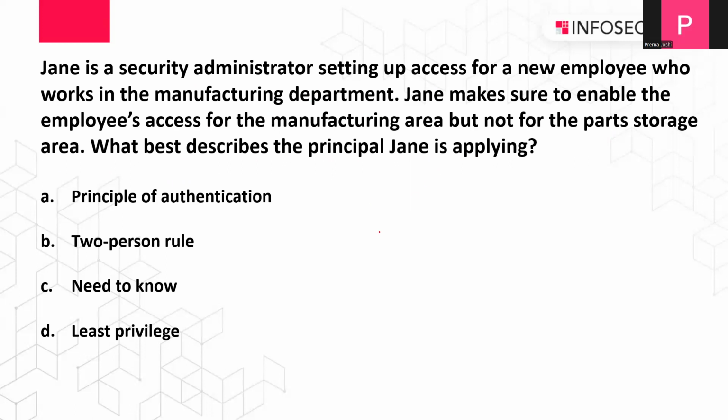Here we have these options. The first one is principle of authentication. Then we have the 2% rule. Then we have need to know and we have least privilege.